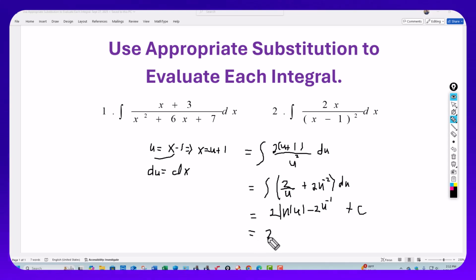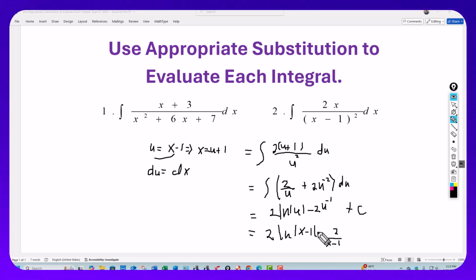So this is 2 ln of absolute u, and u is x minus 1. That's your substitution. And I have a minus 2 u to the negative 1, so that'd be (x minus 1) to the negative 1. I could live with the negative 1 or bring it to the denominator and say this is over x minus 1. Let me rewrite this to make it easier to read.